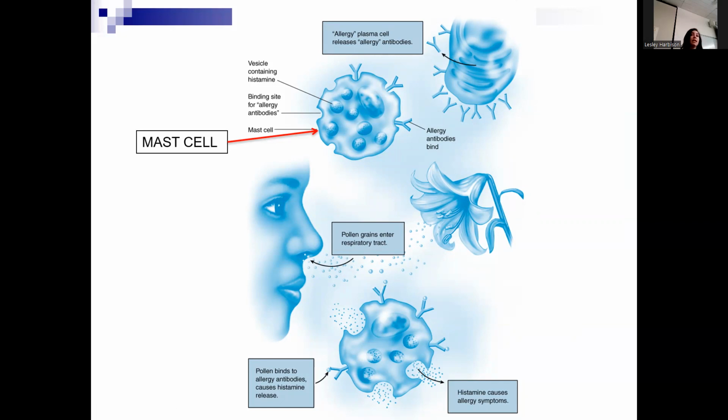Then the histamine makes your eyes itchy and watery, makes your nose runny, sneezing, all of that is histamine being released. So all these drugs try to block that process in one way or another to eliminate all that misery.